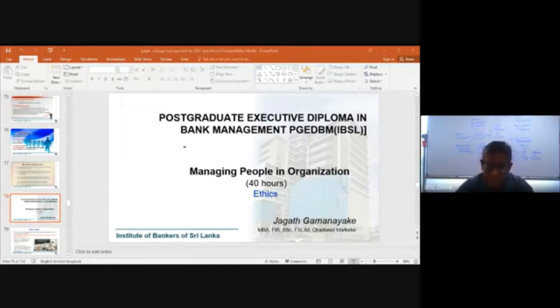Compliance means your bank adheres to or follows the applicable rules, procedures, and regulations prevailing in the country, as well as those imposed by the regulators.